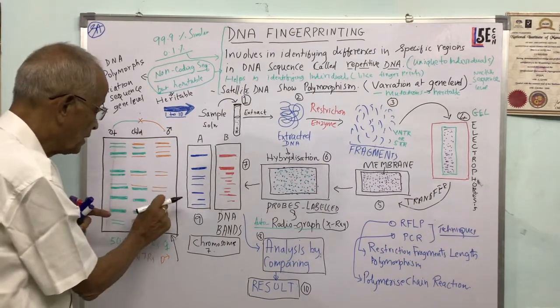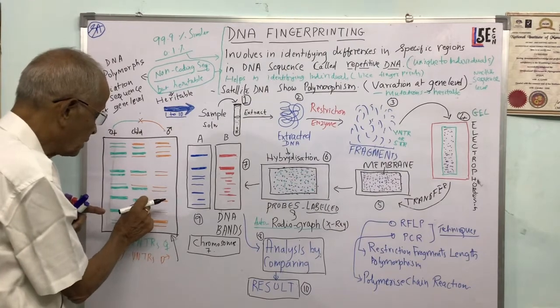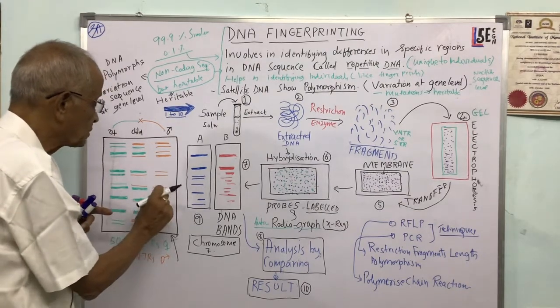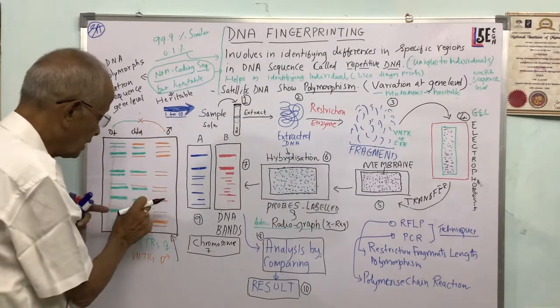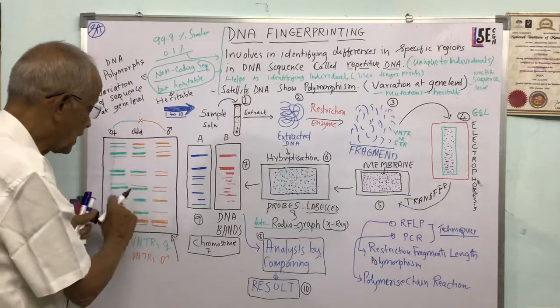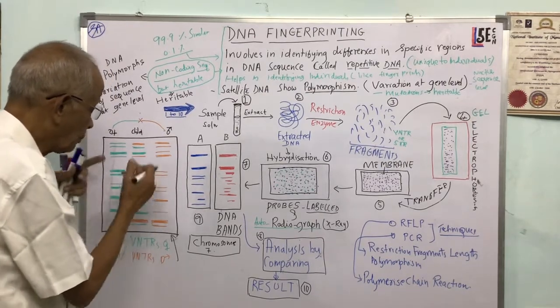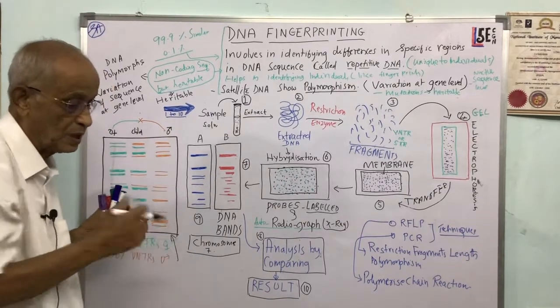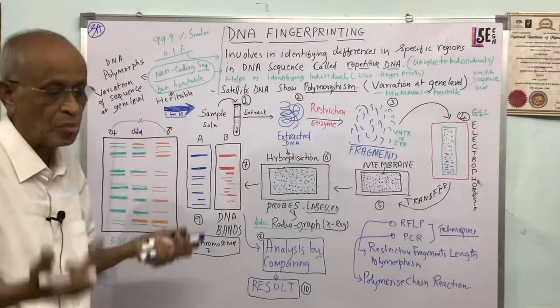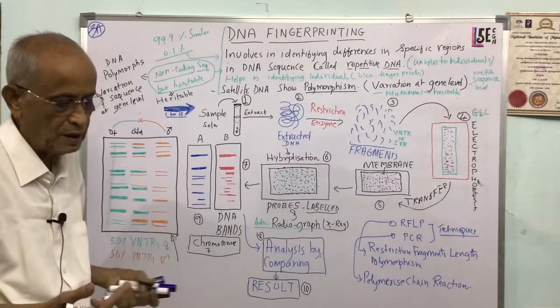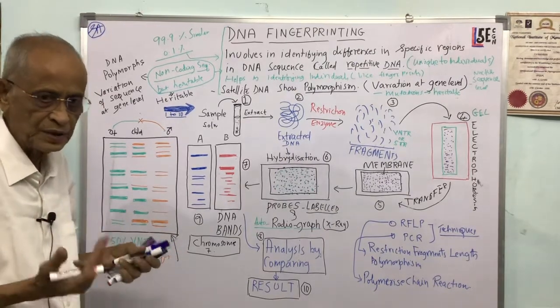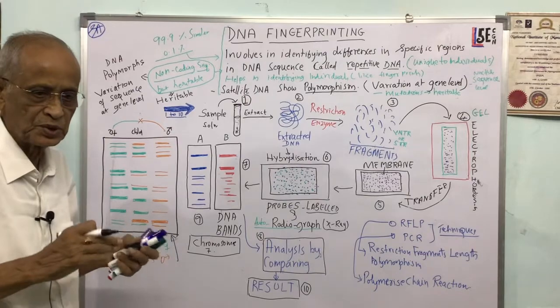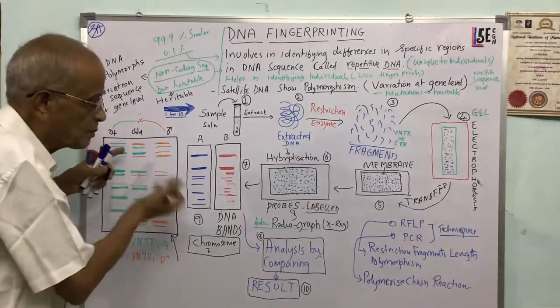That means in this particular band there is no indication of the paternal contribution. That means this child has got more maternal material than the paternal material, because if you follow Mendel's laws of inheritance, there will be dominant and also recessive. So all these things will apply ultimately.